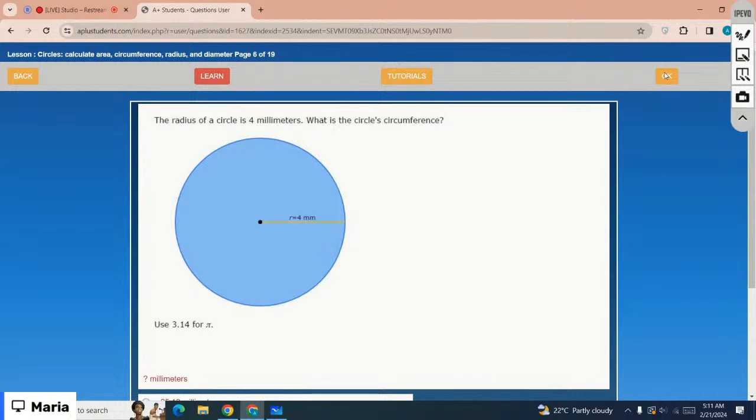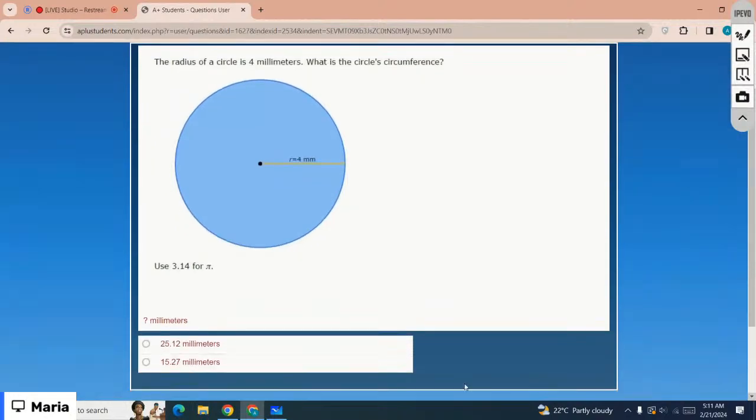The radius of a circle is 4 millimeters. What is the circumference? So which is the correct option? You have to calculate the circumference, right? You have to do 4 pi r, right? Sorry, 2 pi r it is. Circumference equals 2 pi r, right? So 2 times 4 is 8, and that is 25.12 millimeters.